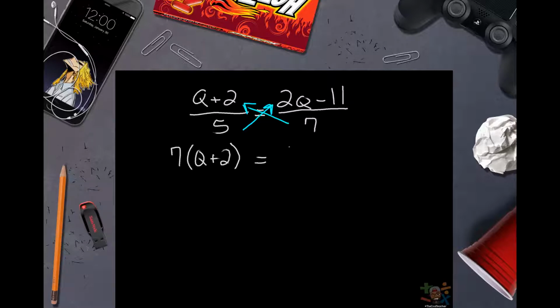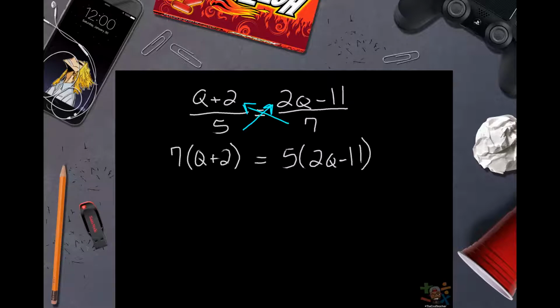And this is 5 times 2Q minus 11. The reason I did this is because this is 7 being multiplied by Q plus 2, and this is 5 being multiplied by 2Q minus 11. If you know anything about your properties in math, this shows me the distributive property.